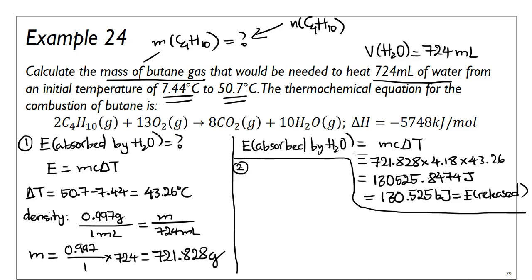Okay, so from the equation, you would have a ratio between E released and the number of moles as shown in the coefficient. So we will go with the number of moles first because that's what we need to find. The number of moles that is going to release 130.525 kilojoules of energy is going to be equal to 2 mole for every 5,748 kilojoules of energy, and the 2 is from the equation, and the 5,748 kilojoules is also from the equation.